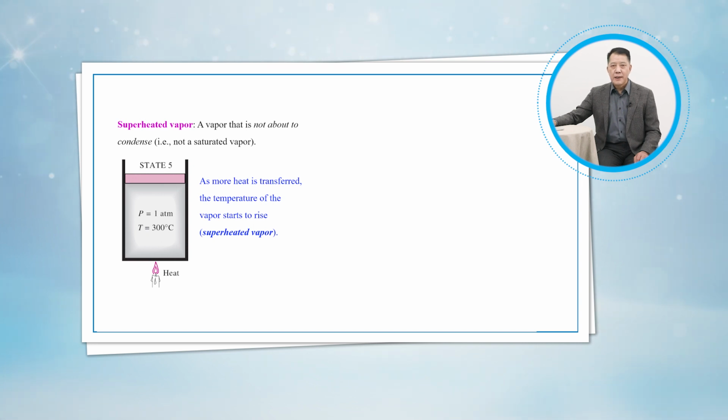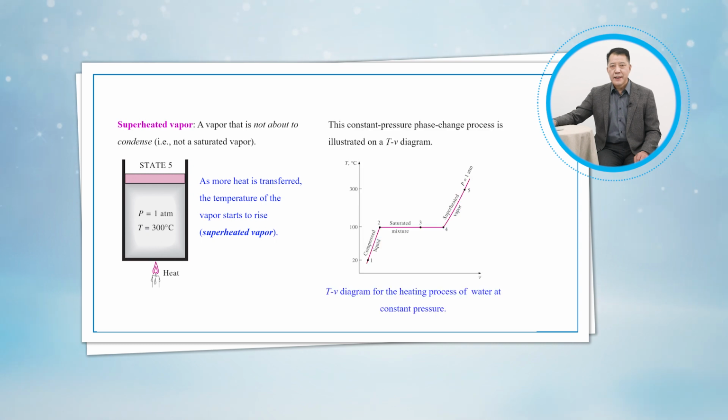A vapor that is not about to condense is called a superheated vapor. Therefore, water at state 5 is a superheated vapor. This constant pressure phase change process is illustrated on a TV diagram in figure 6.5.